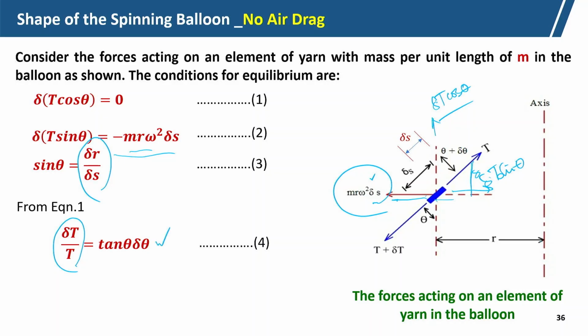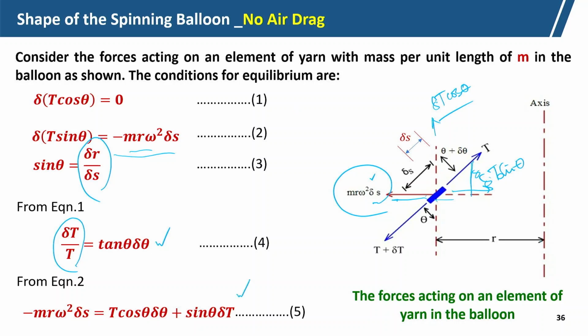So, this we can get here from equation 1 and 2, if we use this. So, we will get, and from equation 2 we will get this one: T cos theta delta theta and sin theta delta theta. So, that we are getting.